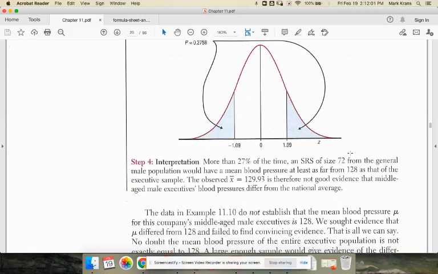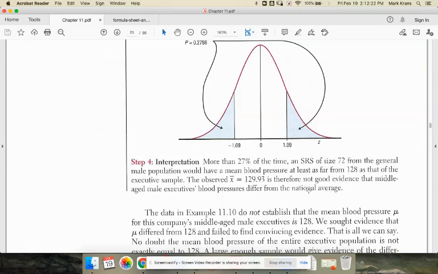And then you make a conclusion. 27% of the time, a simple random sample of size 72 would have a mean blood pressure at least as far from 128 as what we observed, 129.93. It's therefore not good evidence. It's insufficient evidence. So notice we fail to reject the fact that they differ.